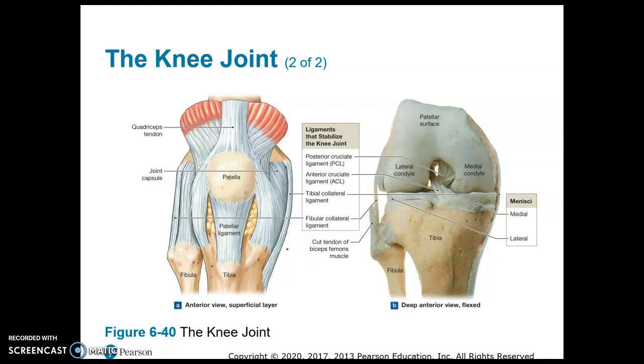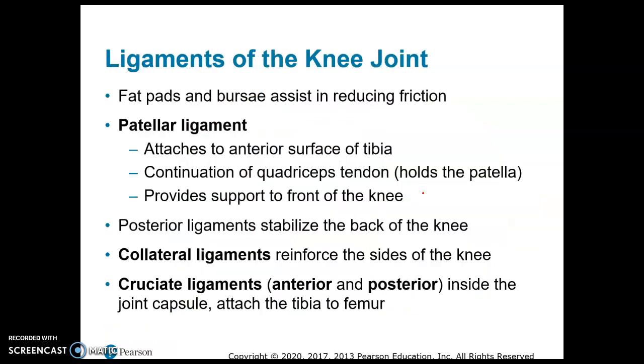And then we have the ligaments on the inside of the kneecap for extra stability, and they are called the cruciate ligaments because they make a cross. There's the anterior cruciate ligament and then the posterior cruciate ligament. These are damaged a lot in sports.